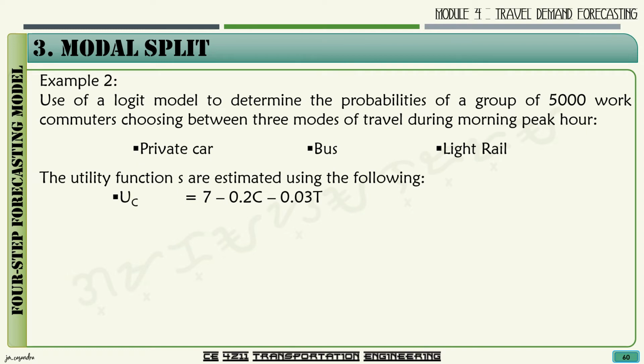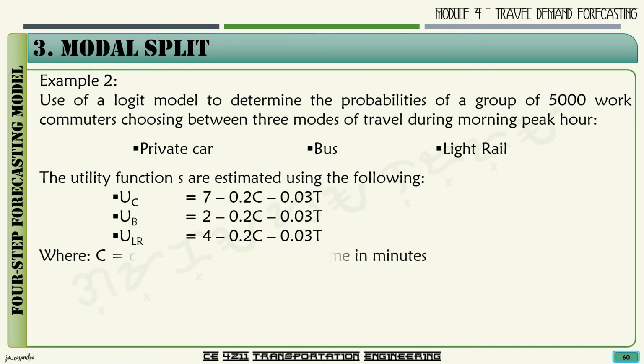The utility for the car is given by the equation 7 minus 0.2c minus 0.03t. The utility for the bus is 2 minus 0.2c minus 0.3t. And the utility of the light rail is 4 minus 0.2c minus 0.03t, wherein c is equal to the cost in Philippine peso and t is equal to the travel time in minutes.